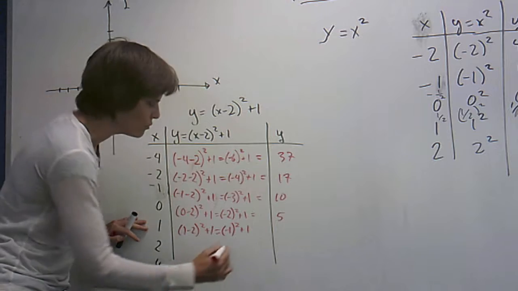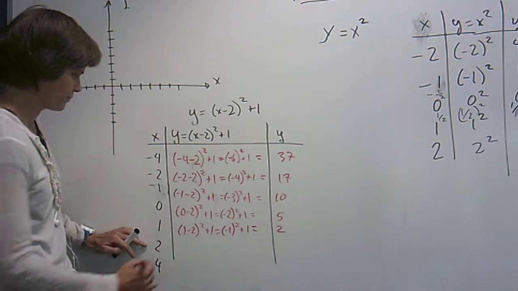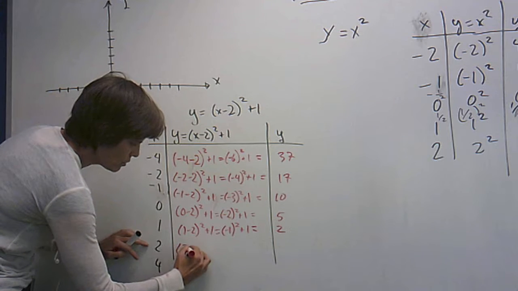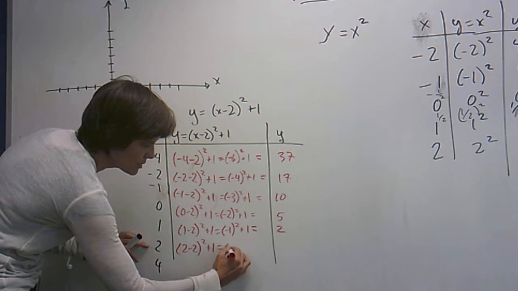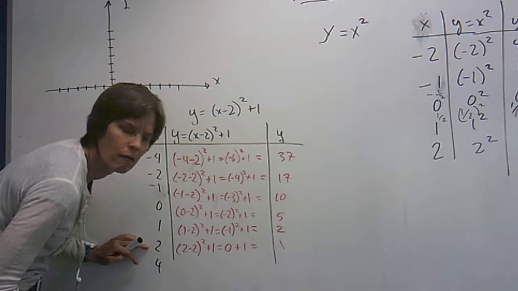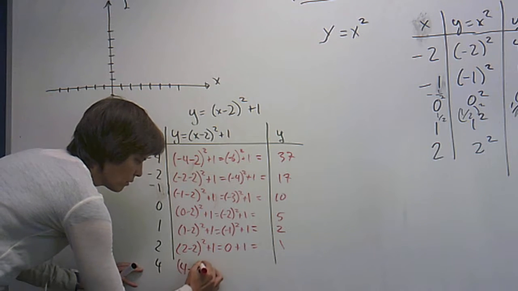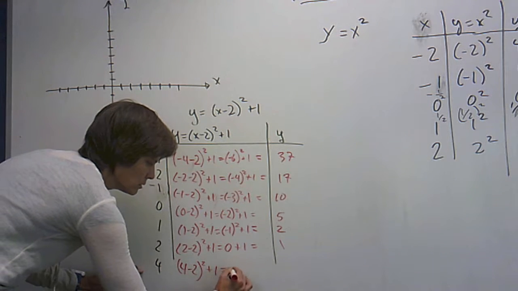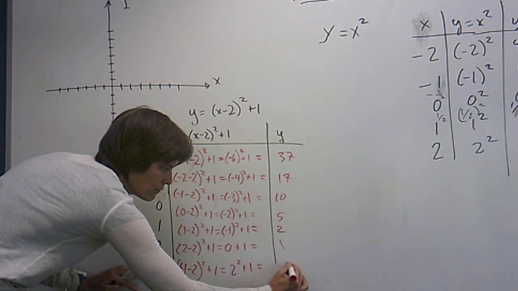Well, that's just 1, so that whole thing is 2. 2 minus 2 quantity squared plus 1 equals 1. Four minus 2 quantity squared plus 1 equals 2 squared plus 1 equals 5.